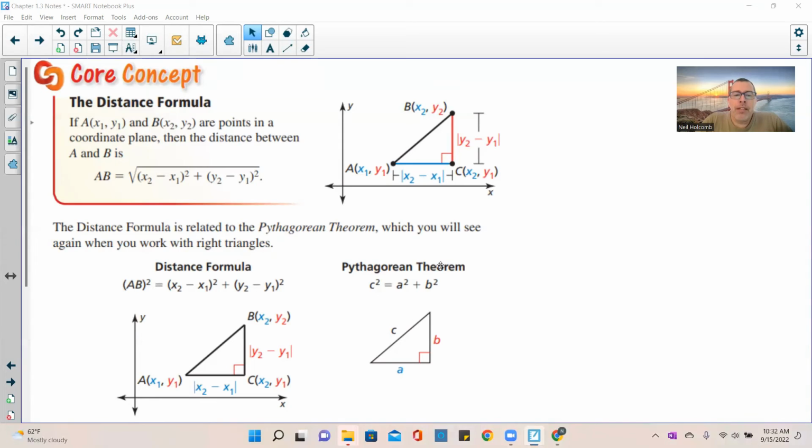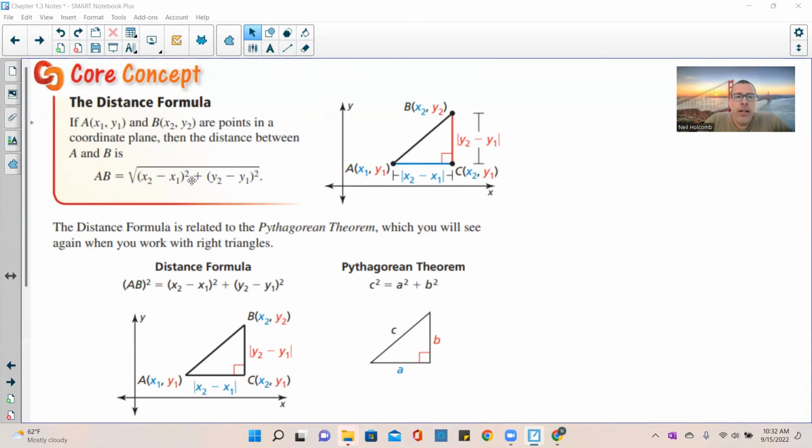It's really based off of the Pythagorean theorem, which is simply a squared plus b squared equals c squared, where a and b are the legs and c is the hypotenuse, the longer side opposite the 90-degree angle. As it says here, we'll work with those later in this course. But for now, we take the distance between x2 and x1, which is how long that side is, and the distance between y1 and y2, which is how long this side is.